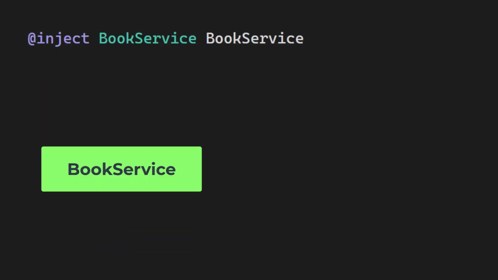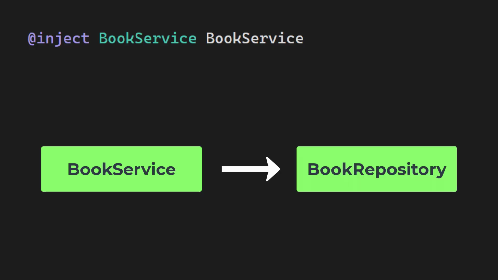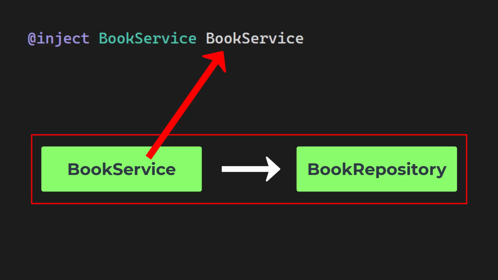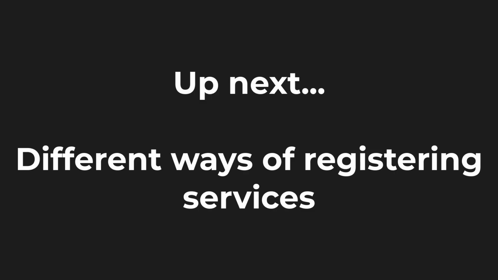So this way, each requested dependency requests its own dependencies. The dependency injection container creates or resolves the dependencies in the graph and returns the fully resolved service. This entire set of dependencies that must be resolved is typically called the dependency tree, dependency graph, or object graph. In the next video, we'll talk about the different ways of registering services.